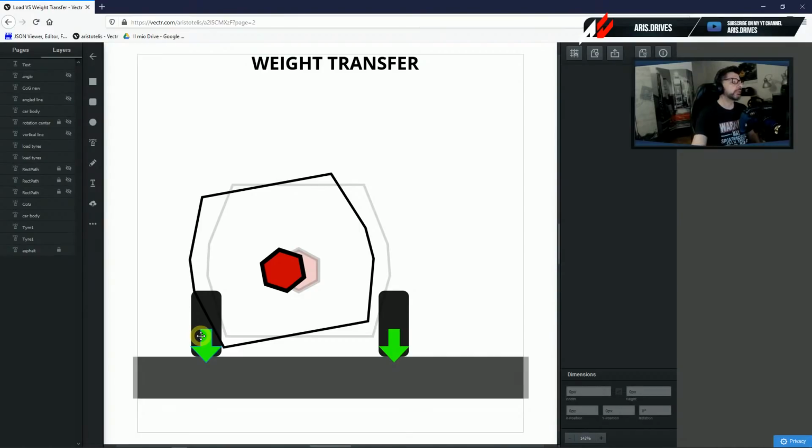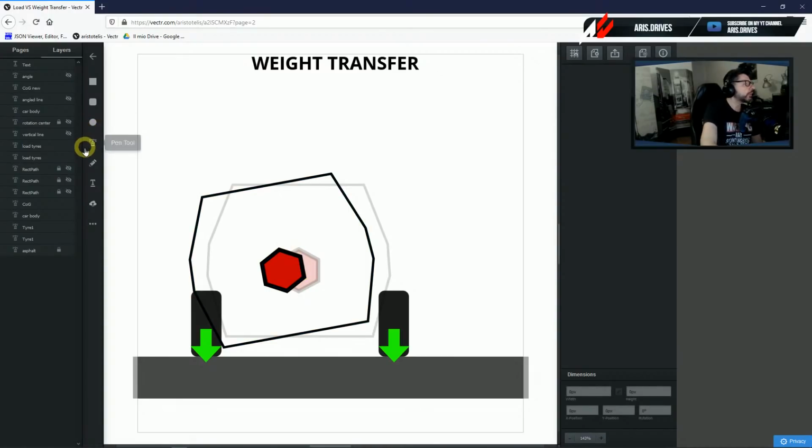But we do have this center of gravity movement to one side. Now, by how much? We can calculate how much the center of gravity moved to one side.